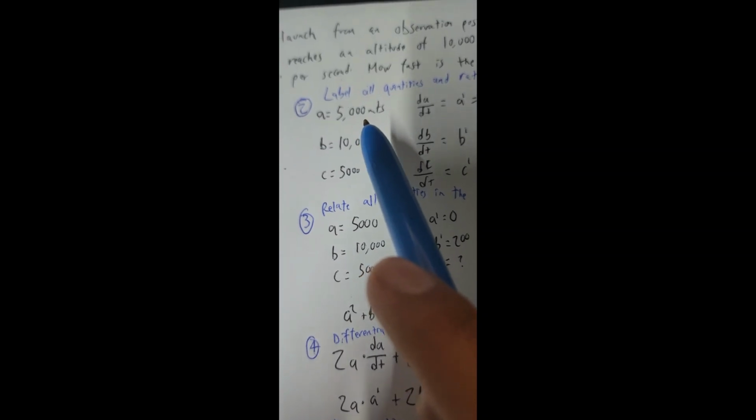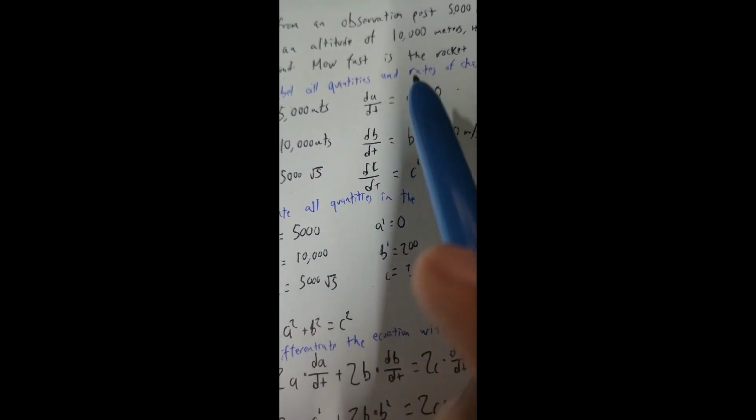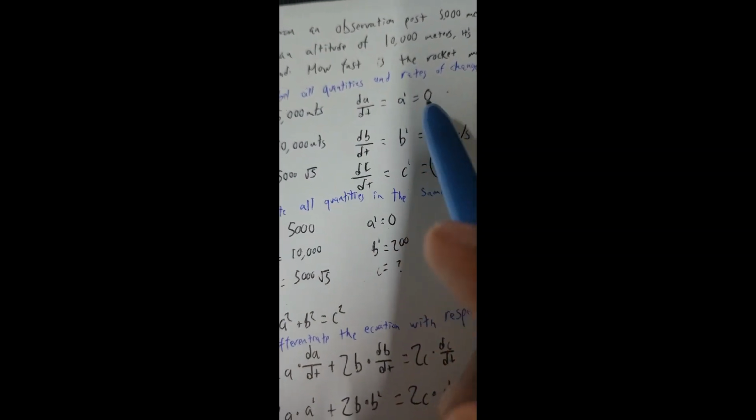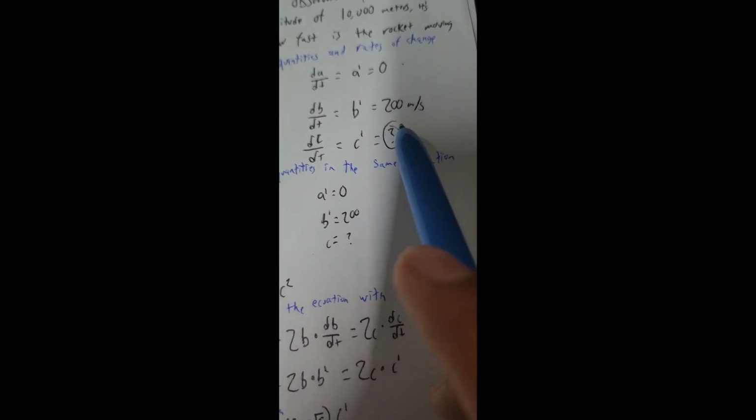Those are the quantities, the meters, and the rates of change. For A it's 0 because I am not moving from this side. B is 200 meters per second.